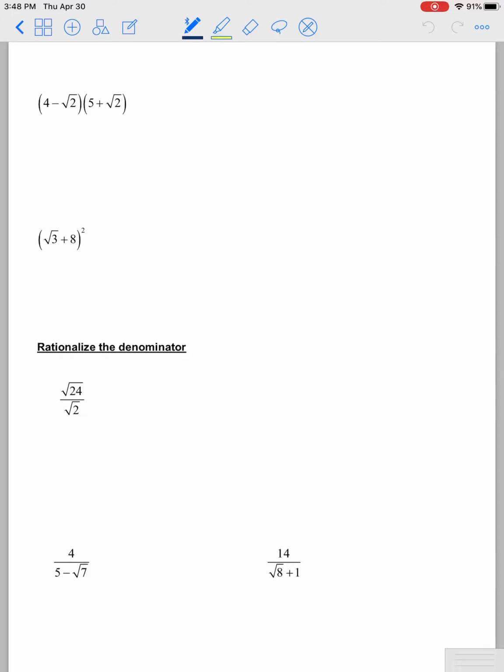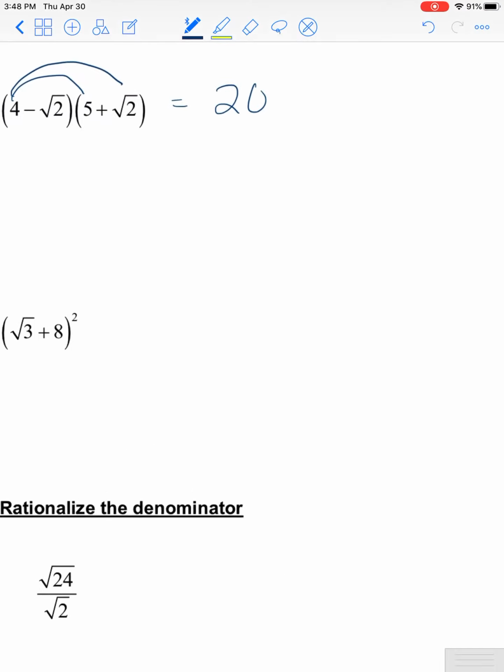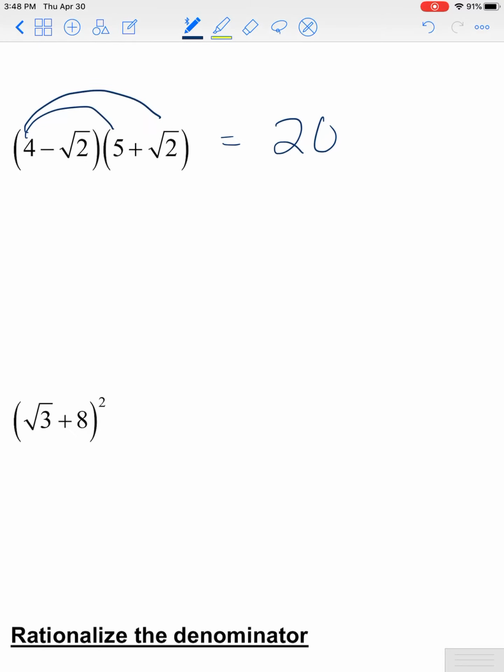Okay. All right, almost there, guys. So this one, I'm going to do my double distributive. So this gets me 20. Let's zoom in a little bit. 20. Now 4 times radical 2 is 4 radical 2, minus 5 radical 2. That's that.